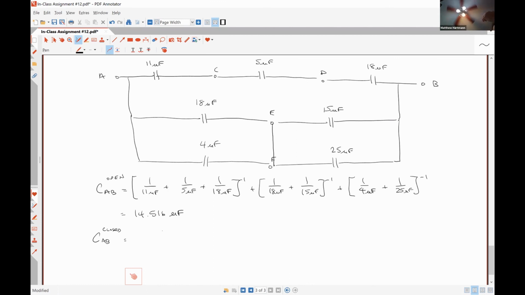So that means I'm going to have, and the 15 and the 25 are in parallel. And then those two equivalent capacitances are in series. So that's why, so this is the series parallel combination part, this is the parallel combination part, and then this whole thing is putting them in series.